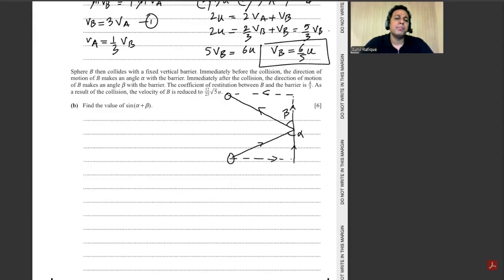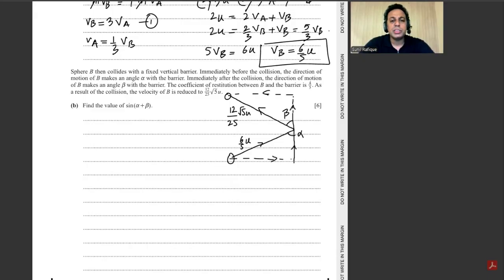They will stay the same. So in this case, I need the velocities over here. So we just proved that this is 6 over 5 U. And they're saying as a result of the collision, the velocity of B is reduced to this. Okay, so that's a good thing. I've got the velocity expression as well.